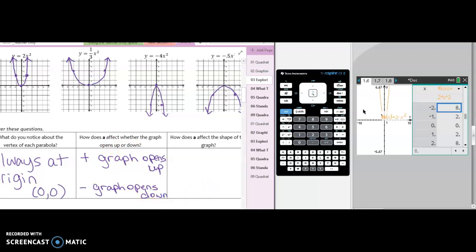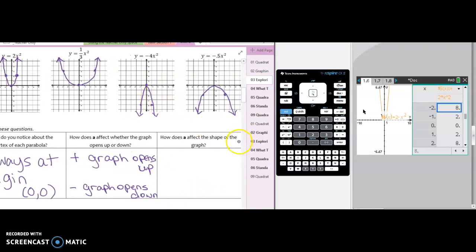And then the shape of the graph. If you notice, if it's a number between 0 and 1, the graph is wider.